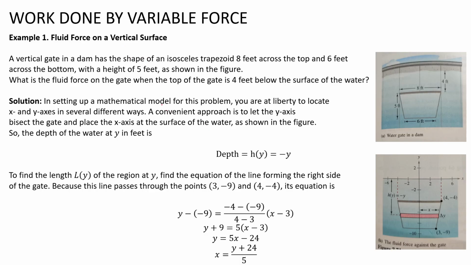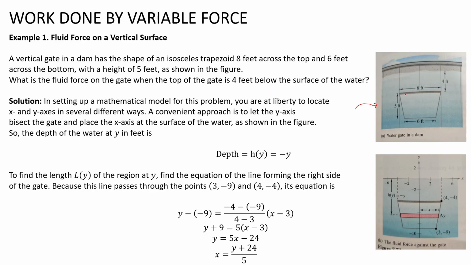A vertical gate in a dam has the shape of an isosceles trapezoid, as seen here in the figure, with dimensions of 8 and 6 feet as the bases, and then 5 feet as the height of that isosceles trapezoid. Okay, so what is the fluid force on the gate when the top of the gate is 4 feet below the surface of the water?